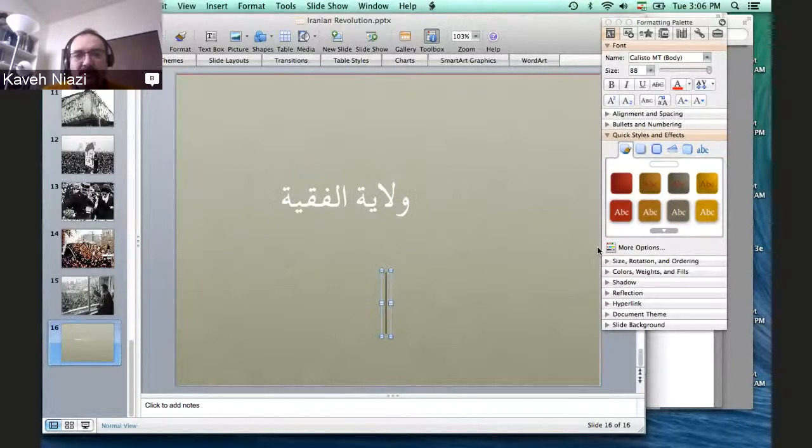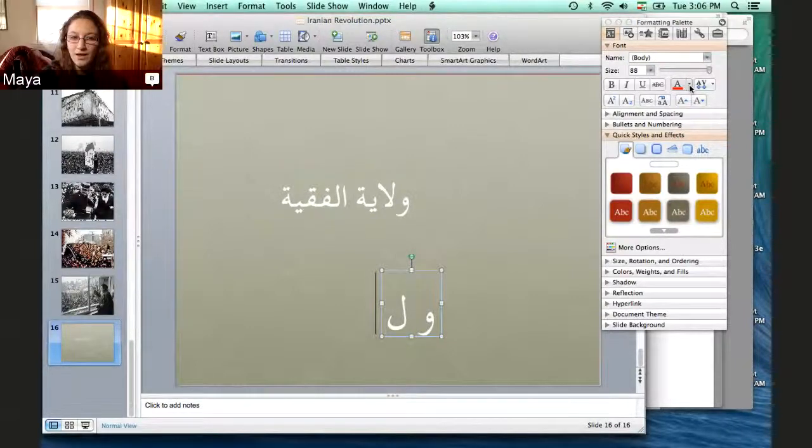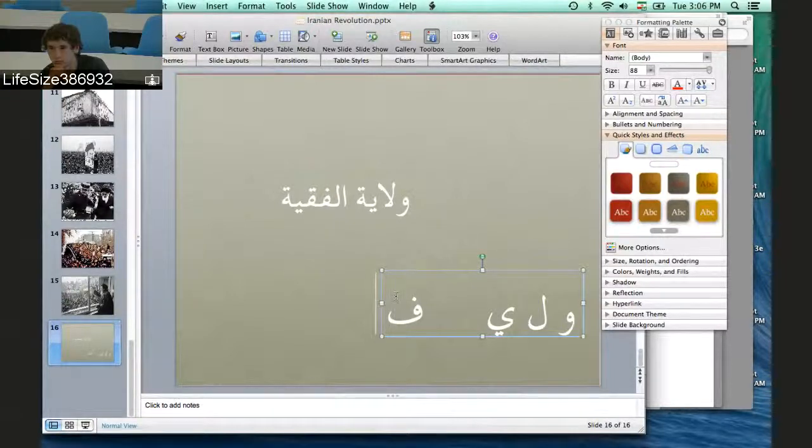The root letters for wilaya are waw, lam, and some sort of vowel, and these vowels are very tricky. And then what about the root letters for faqih? The fa, of course. Fa, the ka, and then the e.